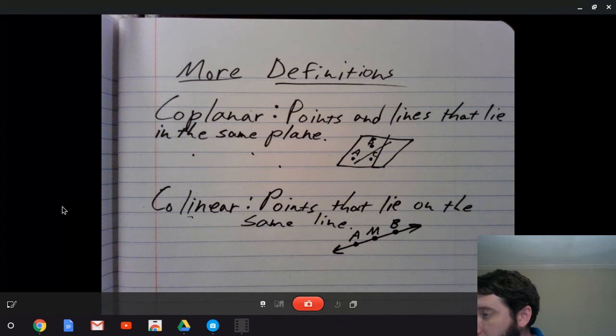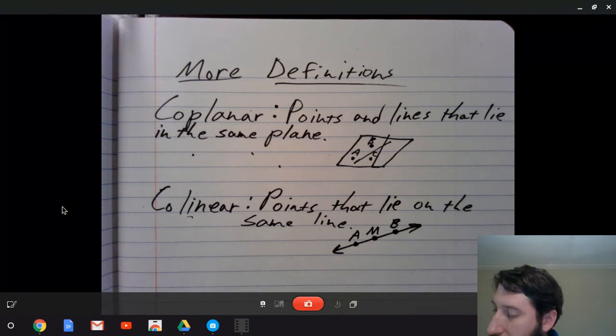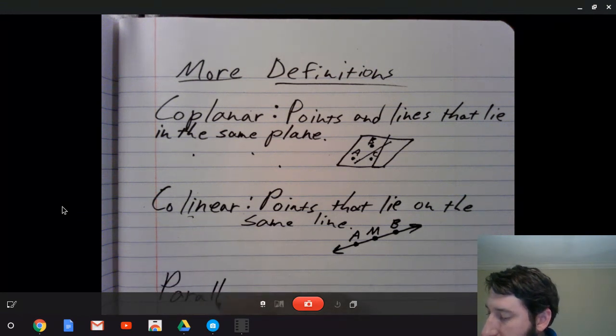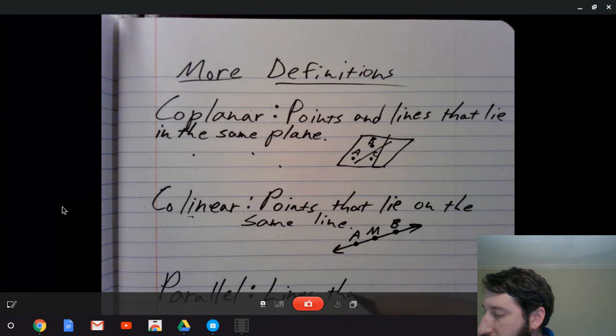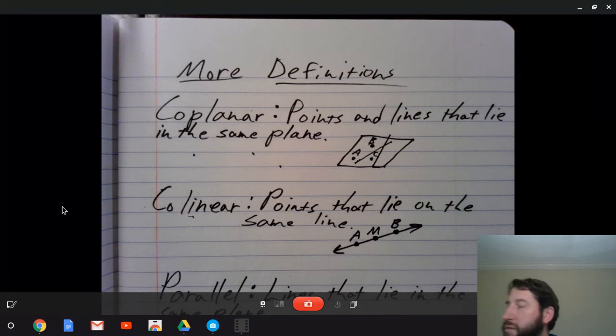And the last thing I want to get with, now that we know collinear, coplanar, I want to talk about parallel. Parallel. So parallel means lines that lie in the same plane but do not intersect.